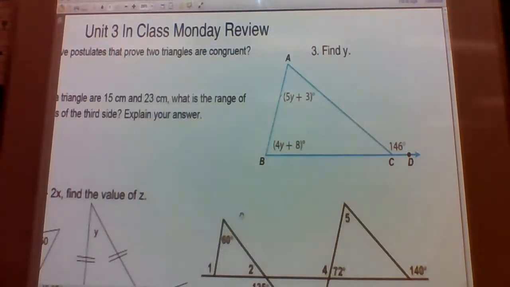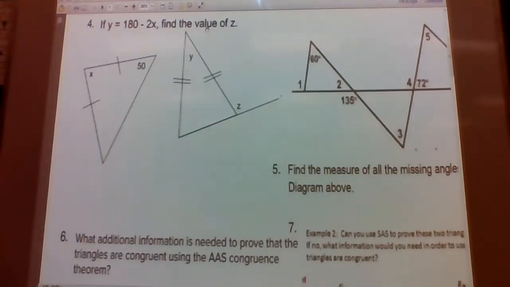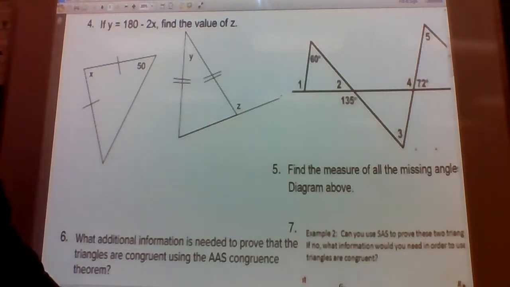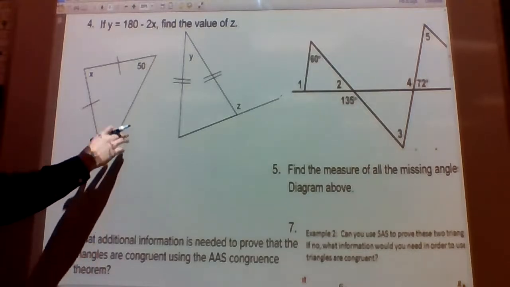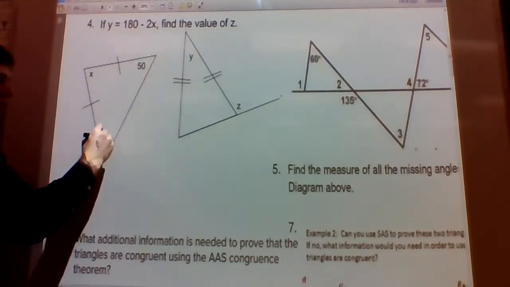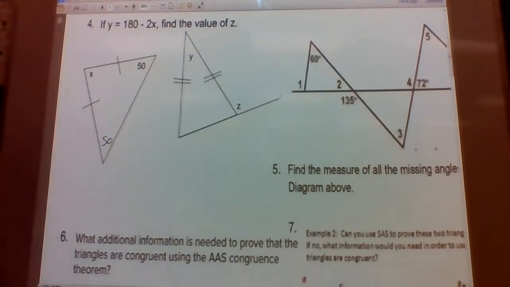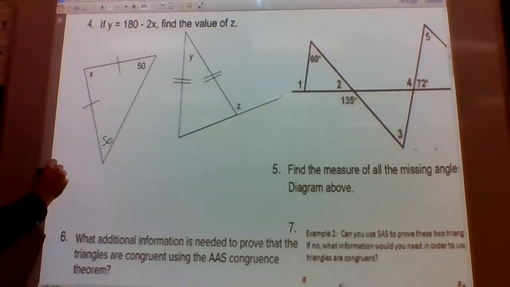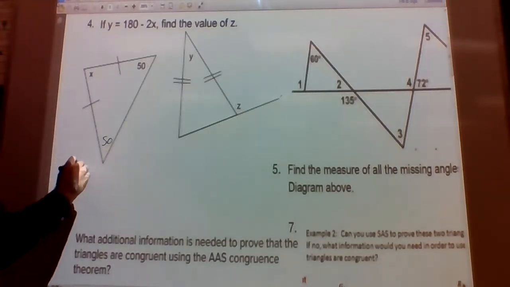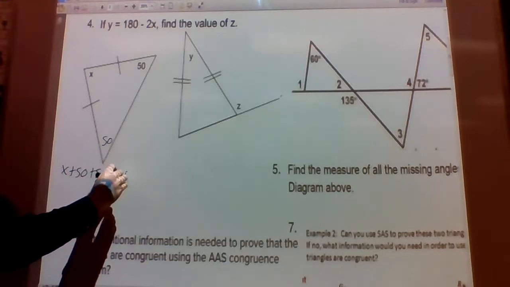Number 4. If y equals 180 minus 2x, find the value of z. Okay, first thing we notice is we have some isosceles triangles. So if this angle is 50, this angle is also going to be 50. Okay, and then we know that x plus 50 plus 50 is going to equal 180.